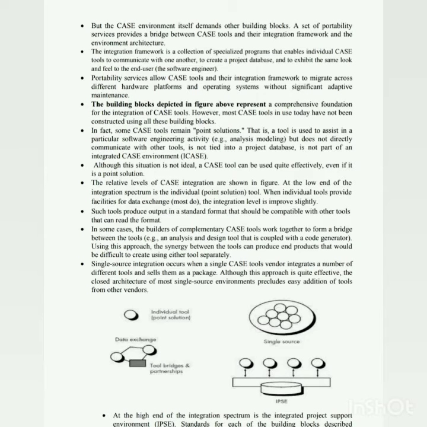So how can we use these CASE tools? In some cases, see the first figure, we can use an individual tool. That means it is a point solution. Suppose in some software applications you can have an exact solution, that means by using only one CASE tool you can have the number of facilities that you want to provide or integrate in your project. It will provide an exact solution, so you can take it as an individual solution.